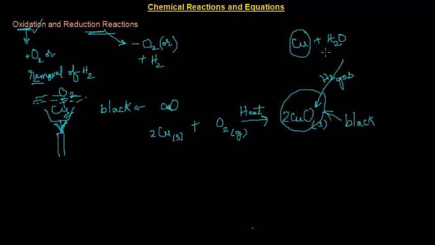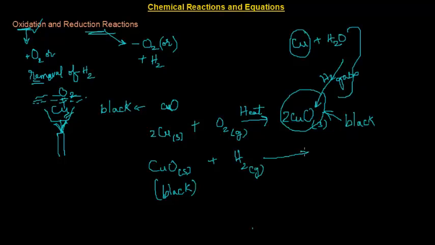So, this is a reduction reaction. Let me write it down here. Copper oxide, which is a solid, which is black in color. You are passing hydrogen gas to the heated copper oxide. That means heat is being supplied to it so that the reaction can take place.